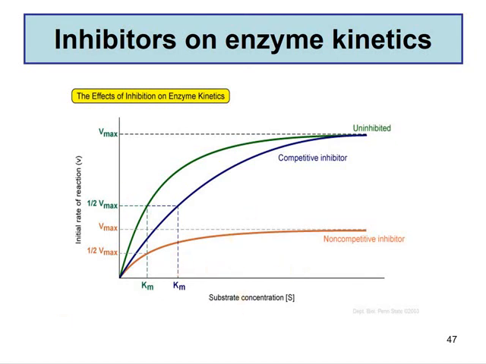And then we get the non-competitive inhibitor, where you can already see that the rate of reaction is quite low and it plateaus much faster, because there was little reaction due to the inhibitor that was stuck, that actually changed the active site of the enzyme. Okay, so you need to be able to explain this graph with all the different inhibitors.